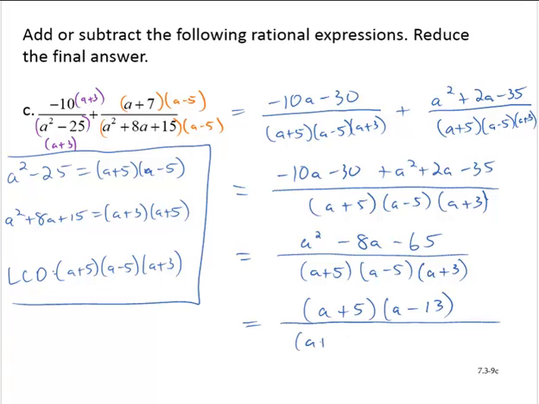And the denominator is still a plus 5 by a minus 5 by a plus 3. And so notice we have a common factor of a plus 5. I'll remove it from both numerator and denominator, and we are left with a minus 13 over a minus 5 by a plus 3.